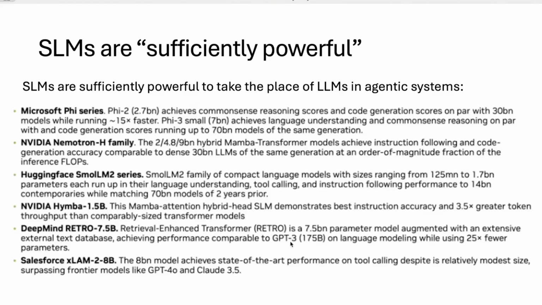It's able to achieve performance comparable to the original GPT-3 model while using 25 times fewer parameters. And Salesforce developed an 8 billion model that is able to achieve state-of-the-art performance on tool calling. Basically, they developed just one language model focusing on how to call the right tools for the user request, and it achieves state-of-the-art performance on tool calling compared to GPT-4 and Claude 3.5.